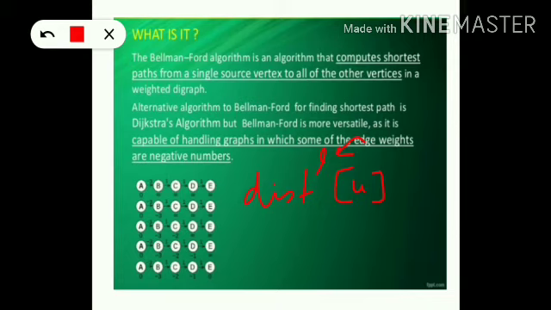Similarly, dist of 1 U is always equal to cost of V U. So it is nothing but the distance from vertex 1 to all other vertices, given as the cost of the edge from V to U, where V is our source vertex.